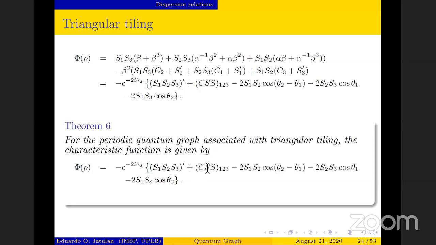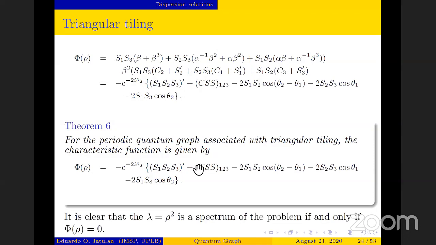It is clear that lambda, where lambda is equal to rho squared, is in the spectrum of the problem if and only if this is equal to 0. This result is complicated since we did not assume our Q to be even along the edge and unique.